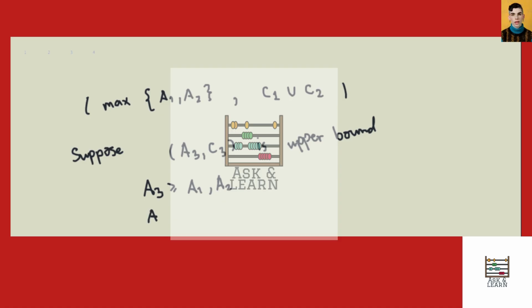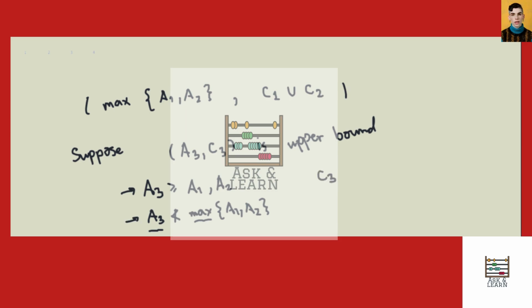And so A3 cannot be lower than the max of the two, because max here just chooses the element that is greater. If A3 is less than one of them, then this condition will break. So this cannot happen.